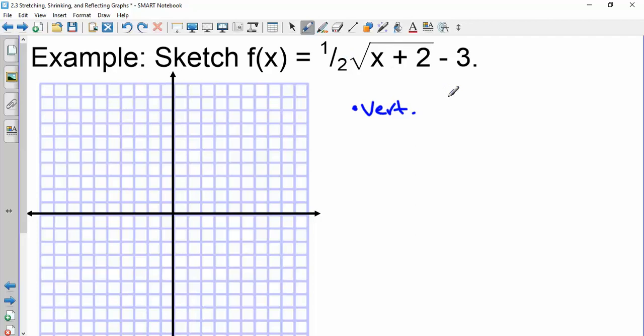It's outside, so it's vertical, it does what we think, so it's like taking your height times a half, so it will shrink. What does the +2 do? Left. And the -3? Down 3.